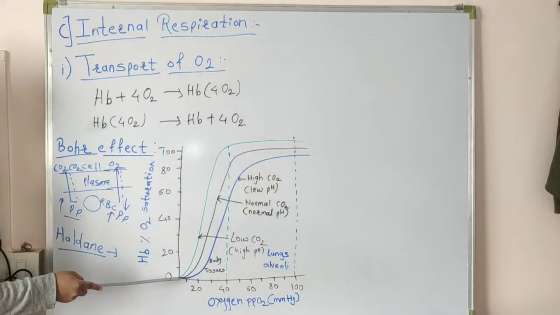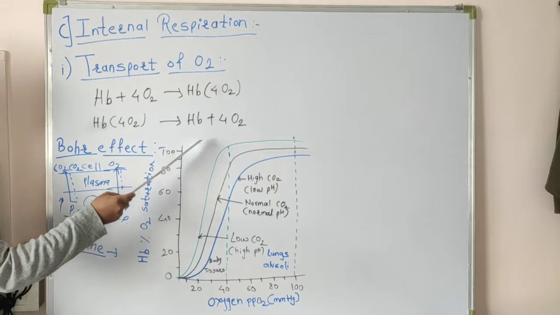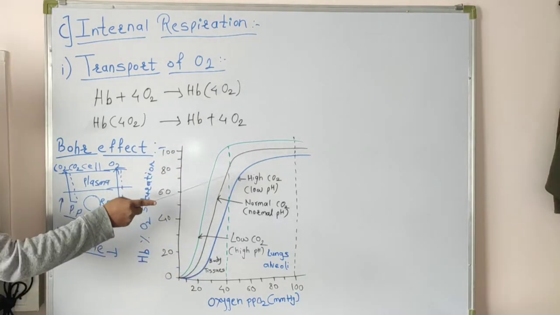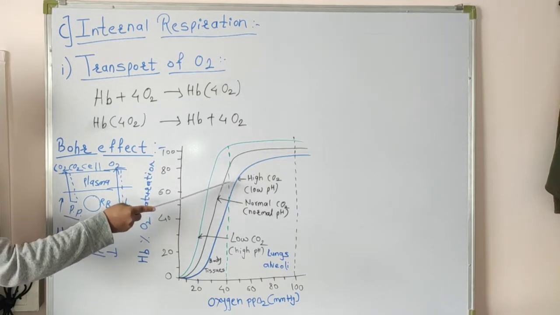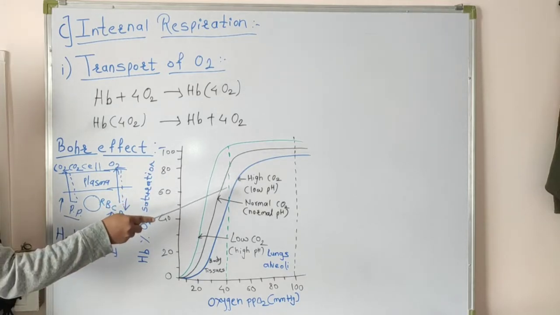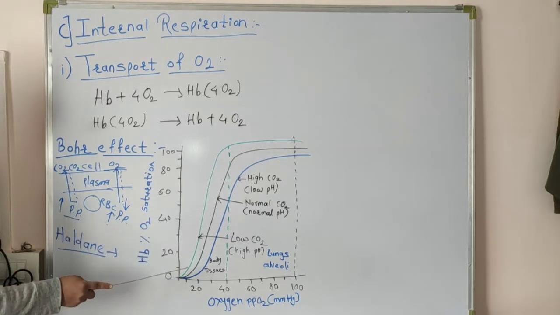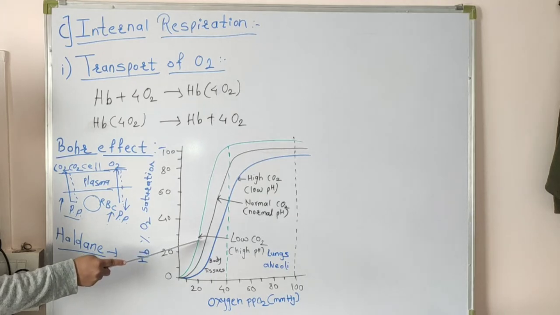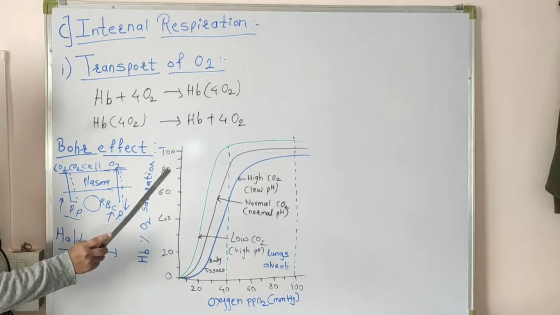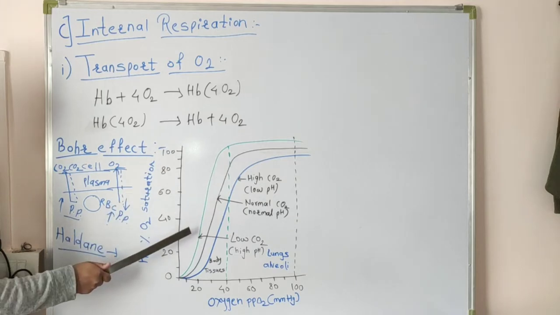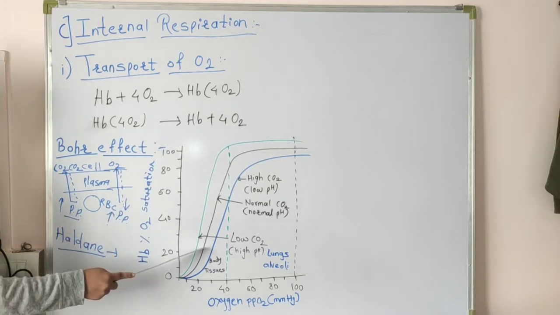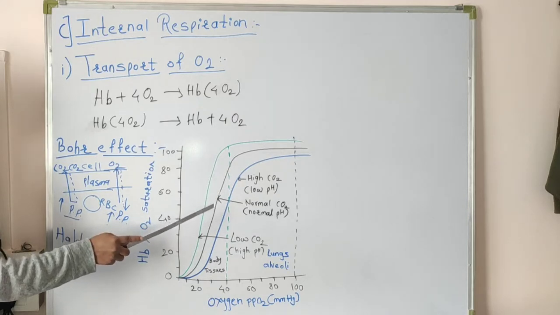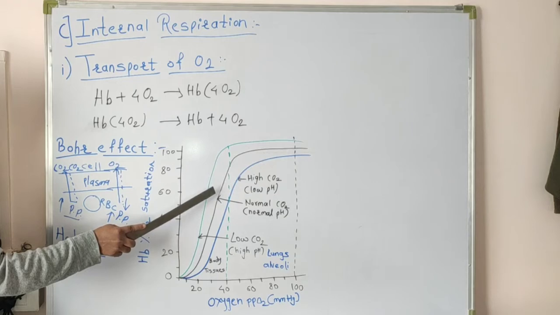And here you can see when the partial pressure of oxygen increases, at that time the partial pressure of CO2 and the level of pH also change. So in the first you can see the partial pressure of CO2 is low but the pH of the blood is high. In the second you can see there is a normal partial pressure of carbon dioxide and a normal pH.